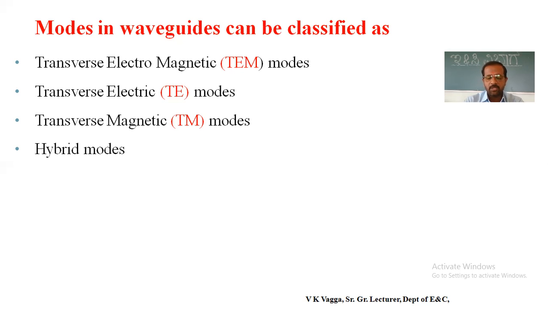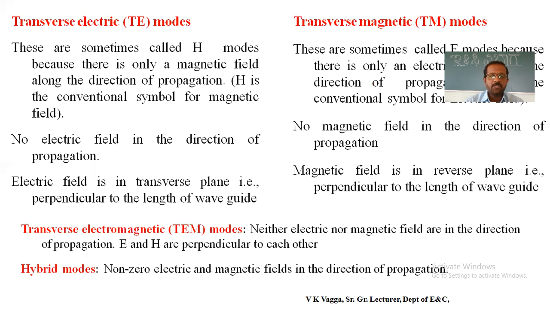One more alternative way to remember: the TE mode depends on the voltage signal, and the TM mode depends on the current signal. So the modes in the waveguide are classified into four main types: the TEM mode, TE mode, TM mode, and the hybrid mode.